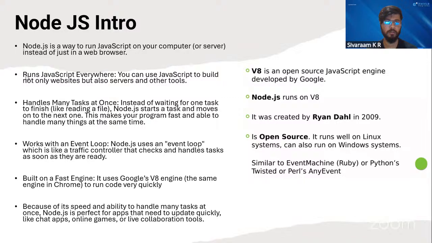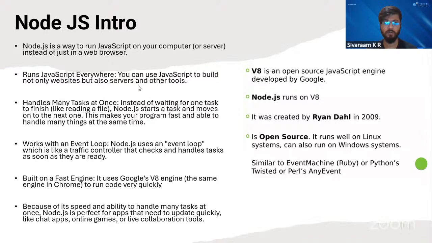Let's see what features Node.js offers. The first thing is that it runs JavaScript everywhere. Till now we wrote JavaScript in React and Angular, and those get executed in the browser. But Node.js gets executed in the system itself, not in the browser. Due to this, we can create websites as well as servers.